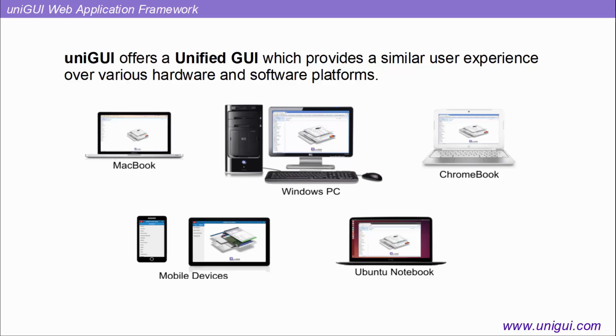So we can say that UniGUI is an alternative way of developing cross-platform applications, because once you have a web application, you don't care about the client PC and its OS platform. You know that your application will be displayed in one of the popular browsers such as Firefox, Edge, Chrome, Opera, Internet Explorer, etc. So you can have a portable PC such as a Chromebook or a MacBook, and it can be a desktop PC or maybe some PC with a Linux operating system.